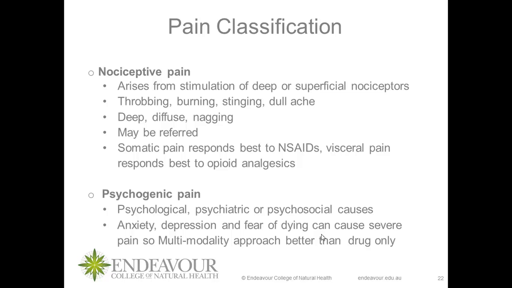Here, anxiety, depression, or fear of dying might generate pain, a psychogenic pain. This pain can be quite severe when it is caused by anxiety, depression, or emotions, and here a multimodality approach is definitely better than a Western pharmaceutical drug-only approach.